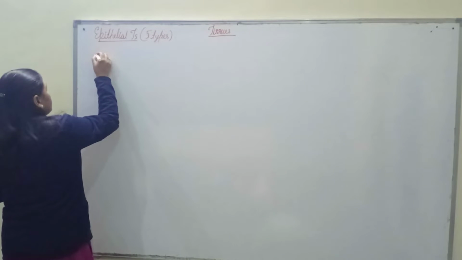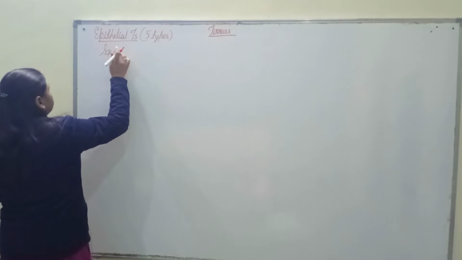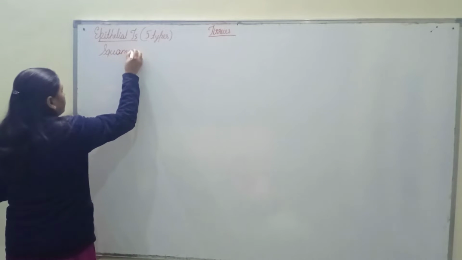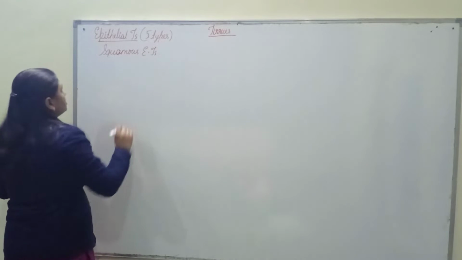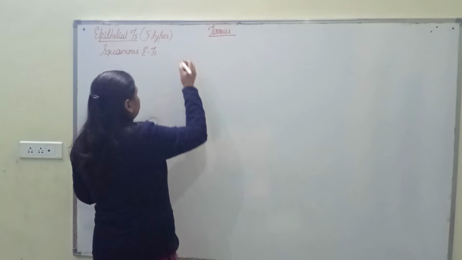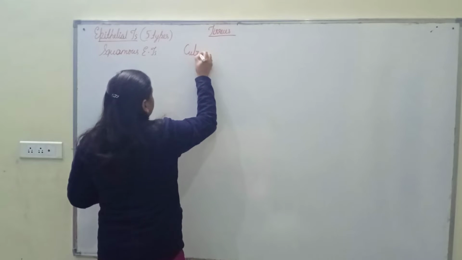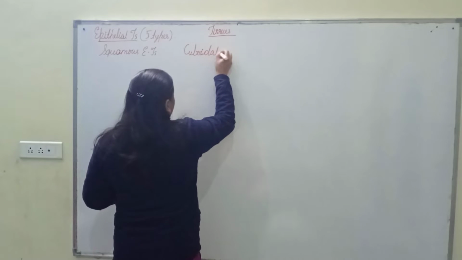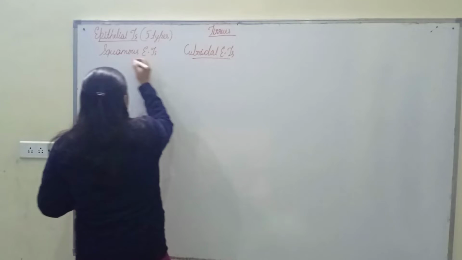First is squamous epithelial tissue. Second is cuboidal epithelial tissue.